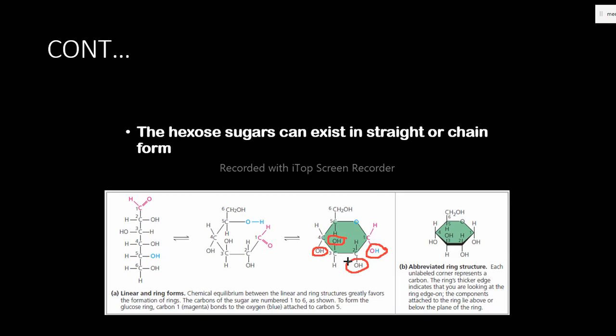Actually, the orientation of these OH groups is the one that creates a difference in our sugars. It's the one that brings about galactose, and galactose will appear different from glucose.